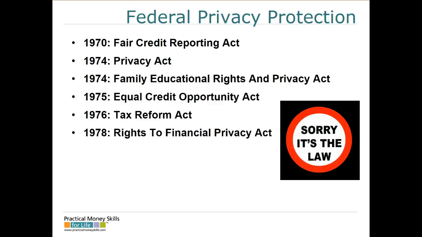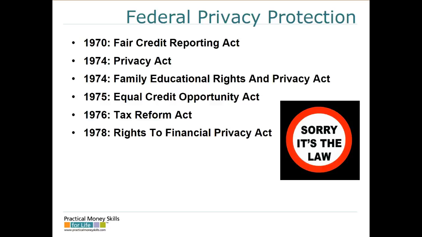In 1974, the Privacy Act gives American citizens the right to request, inspect, and challenge their own federal records. And in 1974, the Family Educational Rights and Privacy Act gives parents and students over 18 access to the students' school records.